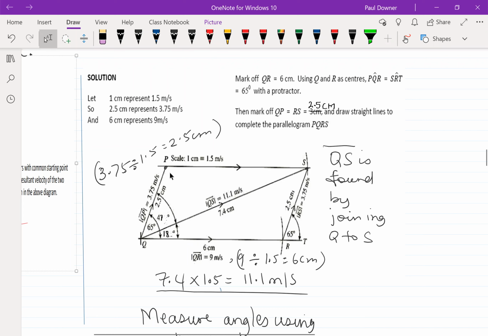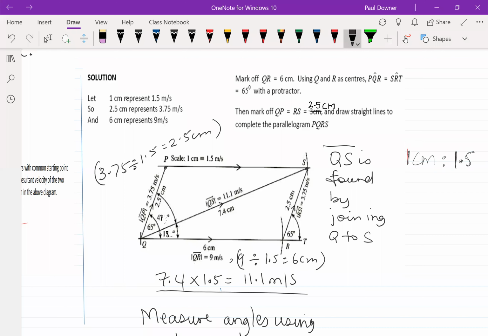We have to recognize that if the scale is saying 1 centimeter is representing 1.5 meters per second, if we have to represent 9 meters per second, then we have to realize that, let me write it here, if this is the 1 centimeter representing 1.5, right?